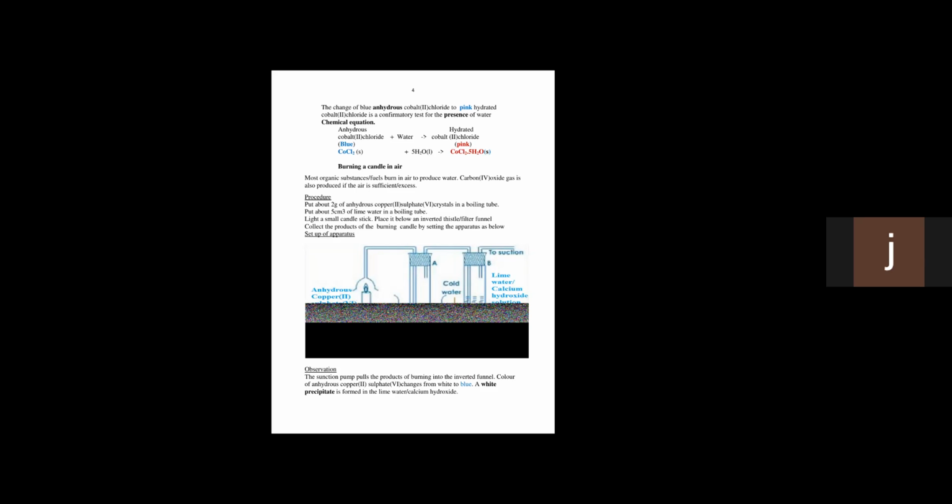Now, under the chemical properties of water, that is where we look at various reactions that take place. We started looking at the reaction of water with metals, starting with sodium, the first metal.